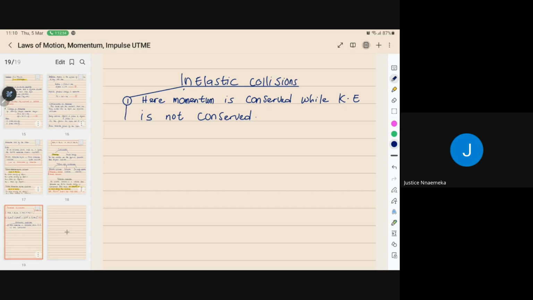So what again do I want you to know? I want you to know that some of that kinetic energy is converted into heat, right? Some kinetic energy, because of that deformation that happens, is converted into other forms of energy.